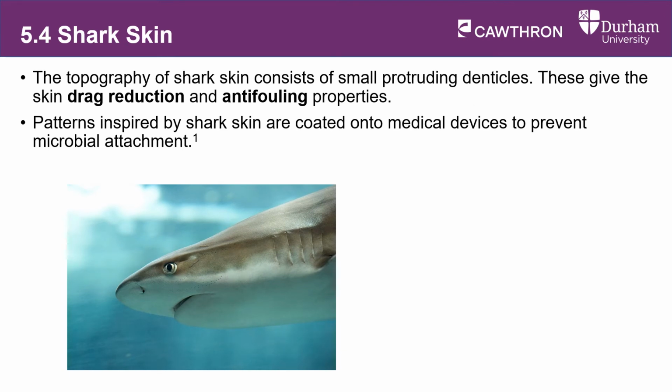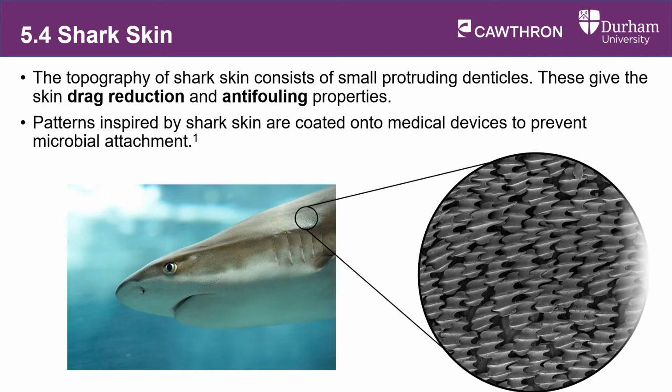In order to preserve valuable energy, sharks have evolved to be streamlined. The fouling of their outer surface by other organisms would increase drag, which would therefore mean the shark would need to use more energy to swim. Therefore, shark skin consists of small protruding dermal denticles that provide them with both drag reduction and anti-fouling properties.